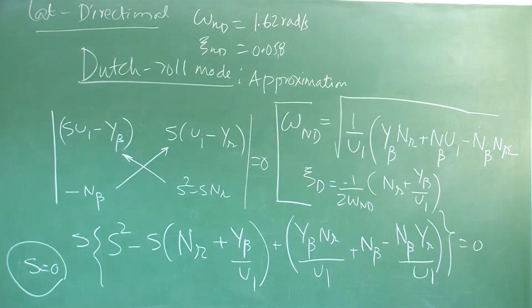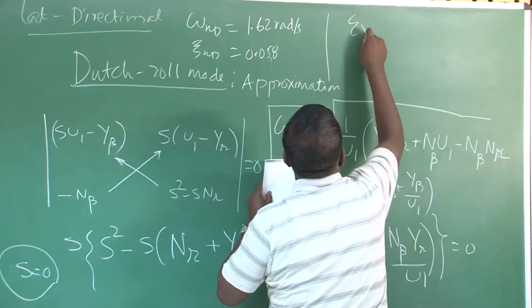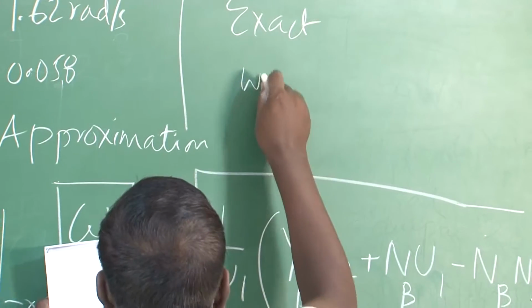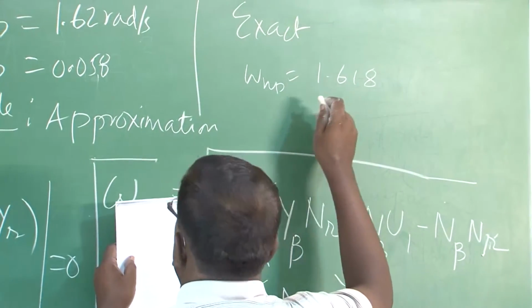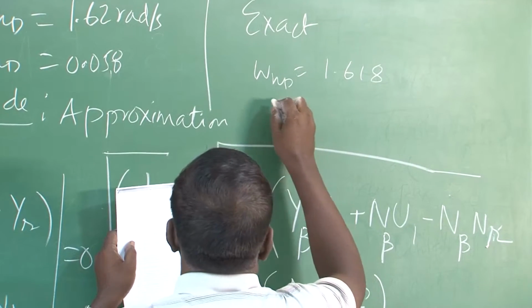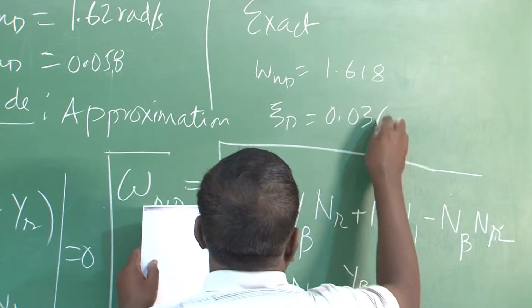Let us check it. The exact value of omega nD was 1.618 and zeta was 0.036.